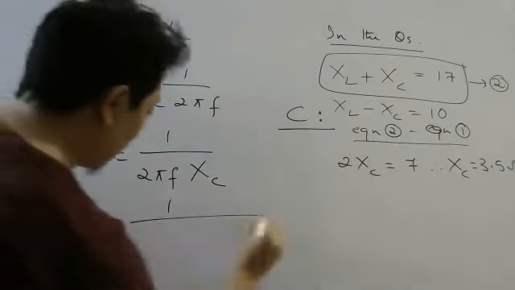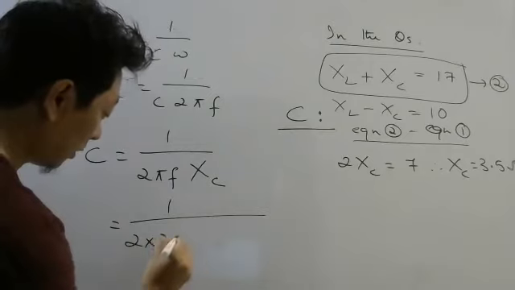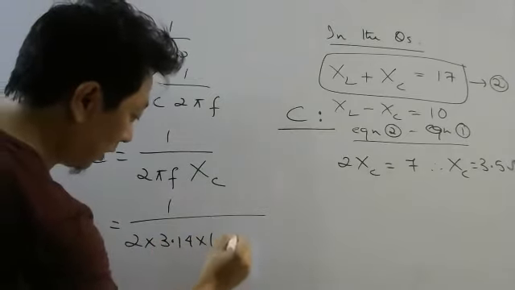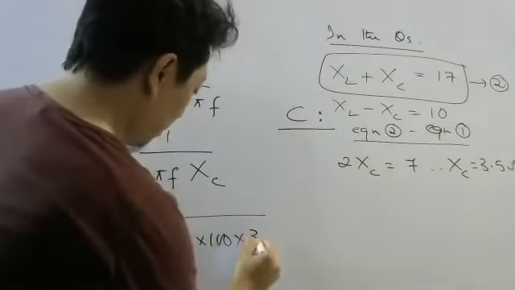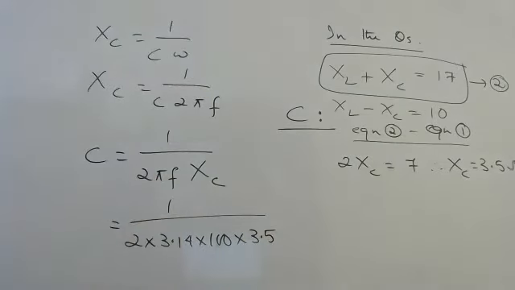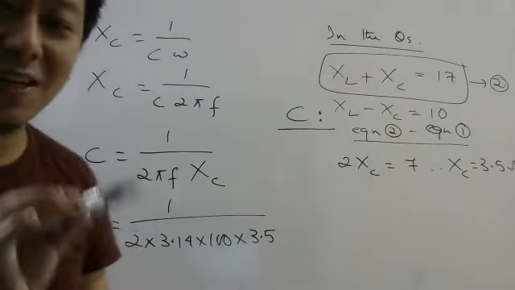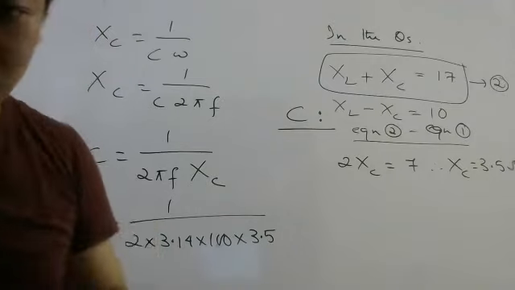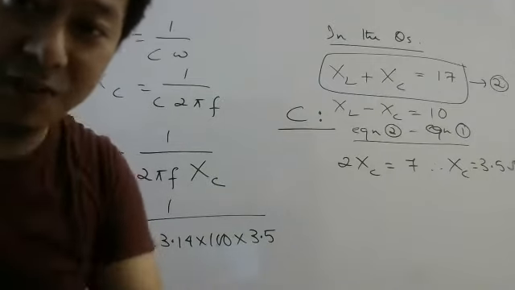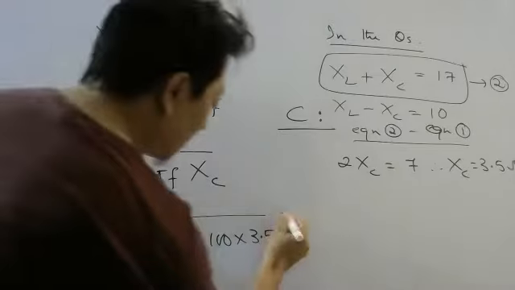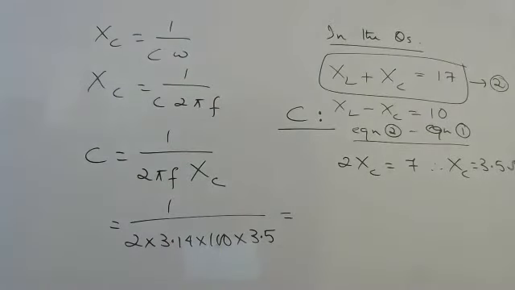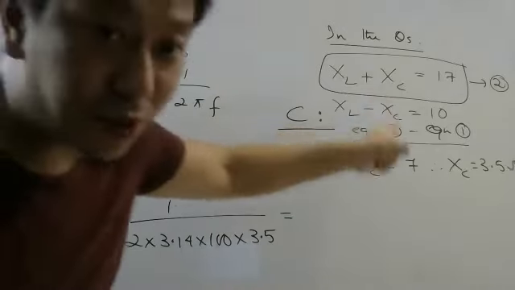So this will be 2 into 3.14 into 100 into 3.5. Okay, some 0.00 may come. That you write 10 to the power like that. Don't write the answer as 0.000 something. You write it, but then convert into scientific form. So somebody tell me the answer, I will convert into scientific form. Remember, if they want C, we have to subtract.